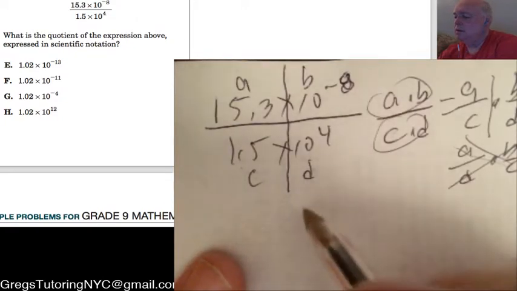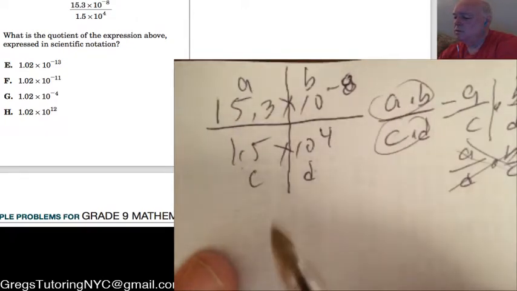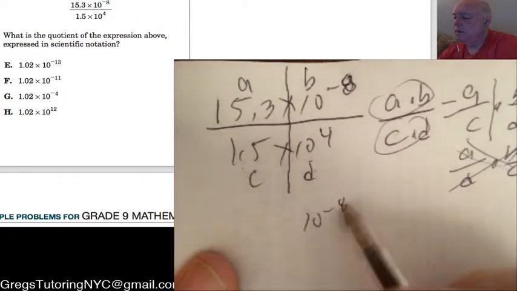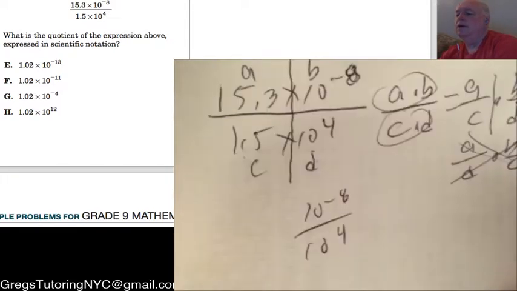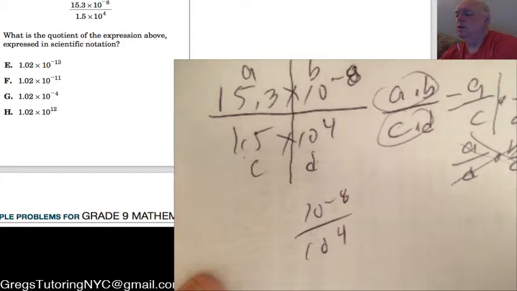So the B over D problem is 10 to the minus 8th over 10 to the 4th. So this comes down to nothing else but exponent multiplication and exponent division.